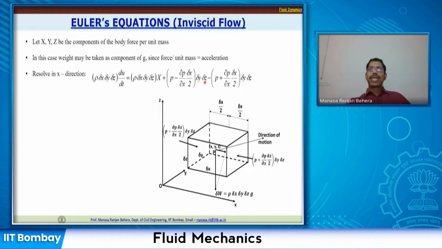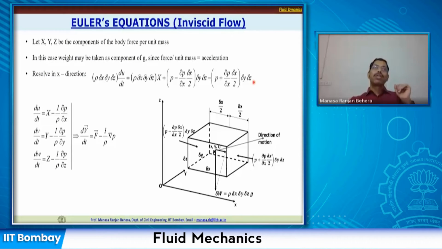So now we can take that out or divide by volume. Okay, so if you do that, or you divide by the mass, take the rho also down, then you can write du by dt, that's the total acceleration, is equal to X minus 1 by rho dou p by dou x.